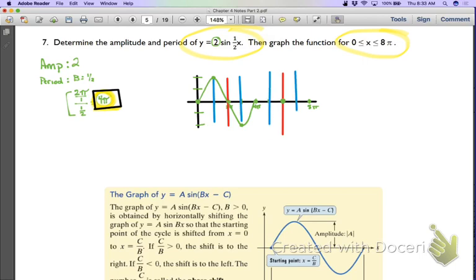It's going to peak again, and then it's going to valley. It's going to peak up here at 2, and valley down here at -2. Here's one period. There's the second period.